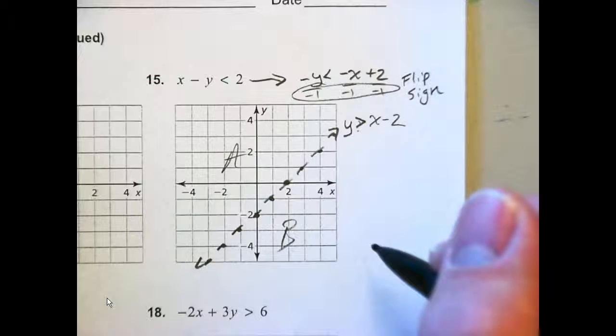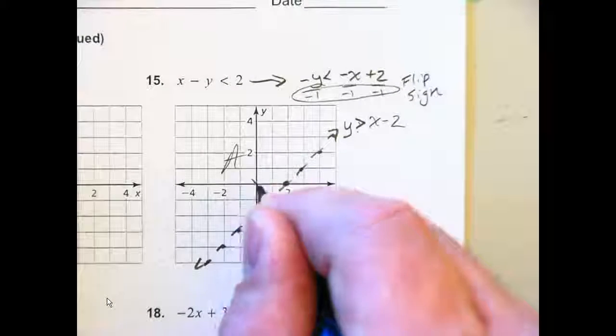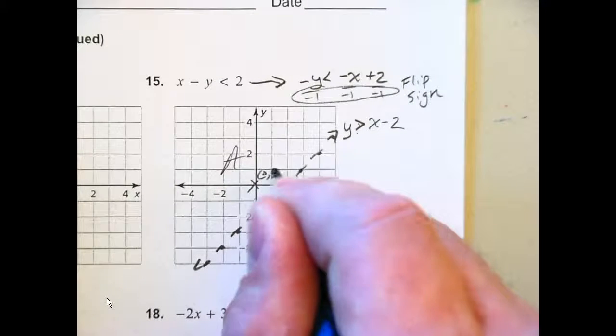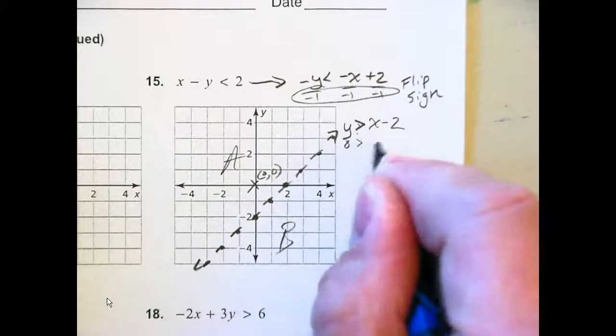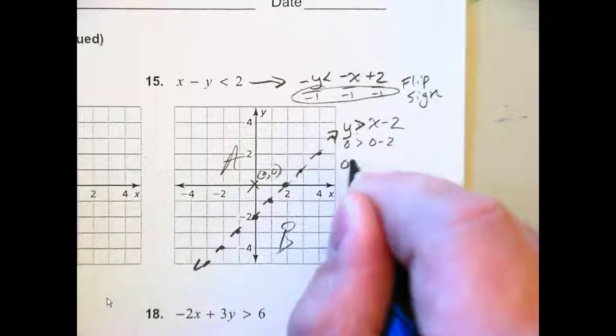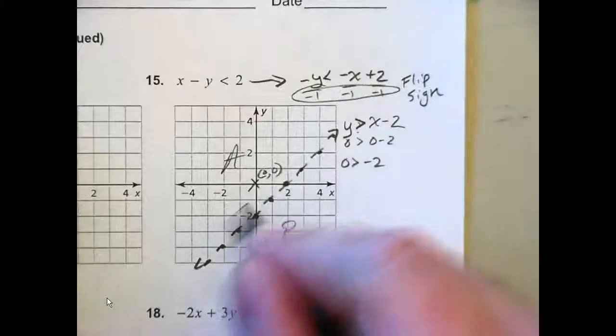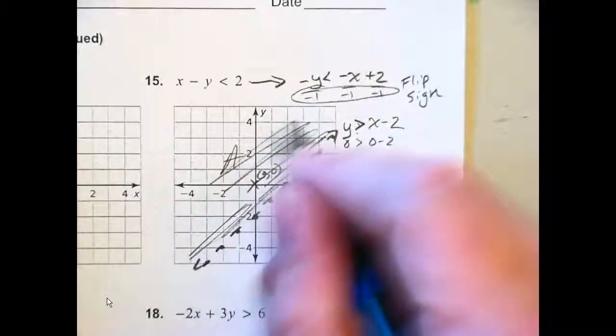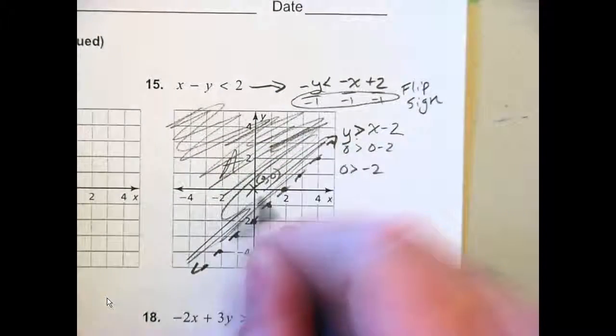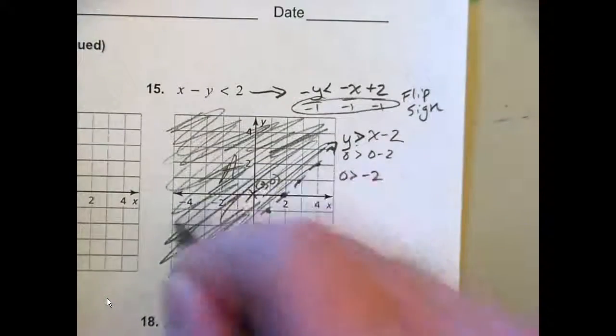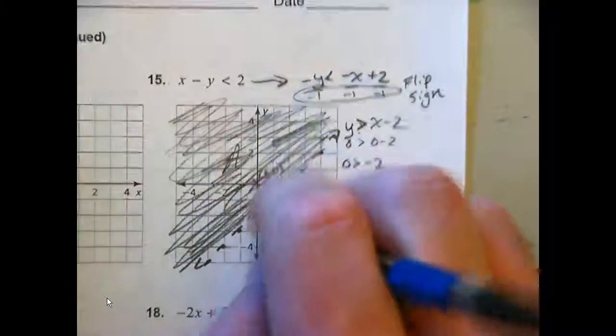A. Is that true? Yes. That is true. Therefore, you shade over that point. All right. So far, Bailey has 3 thumbs up.